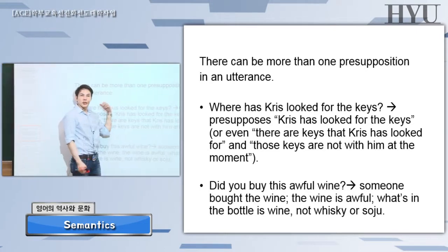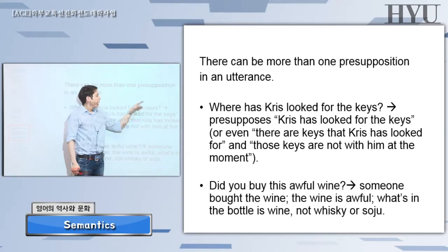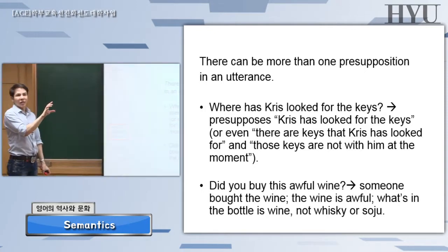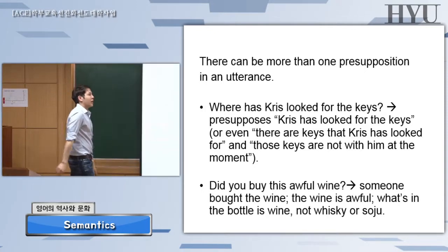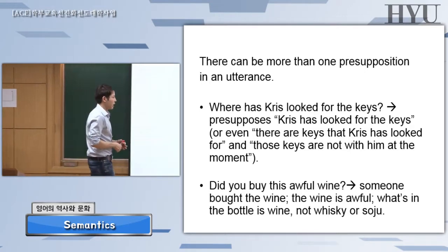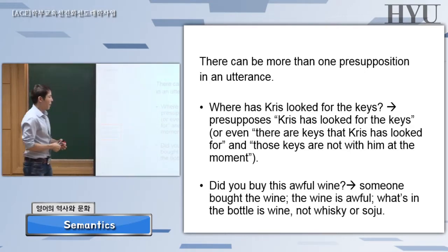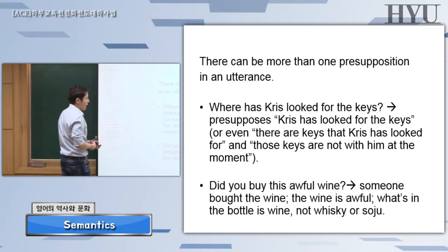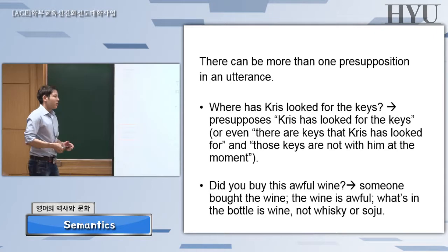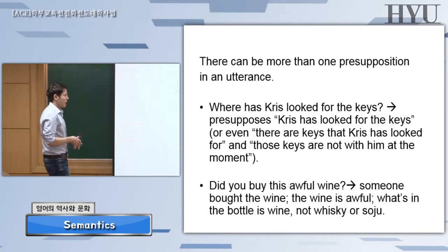Also noun phrases with determiners, like the keys. Look for the keys. So there must exist some keys that he has been looking for. And like this one, did you buy this awful wine? There may be many presuppositions in there.